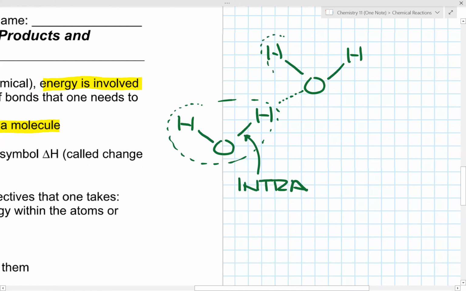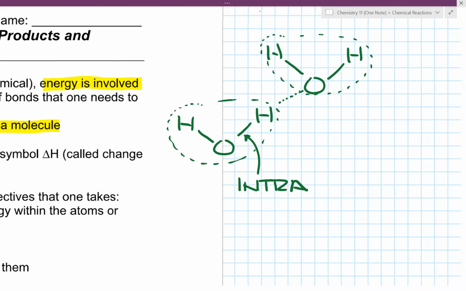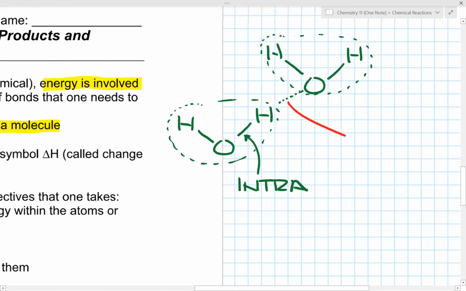And if I have the second water molecule here, this bond here would be inter. Okay. Some of you may have been taking biology 11 or biology 12 and heard about surface tension of water, and that's because of water's intermolecular bonds.